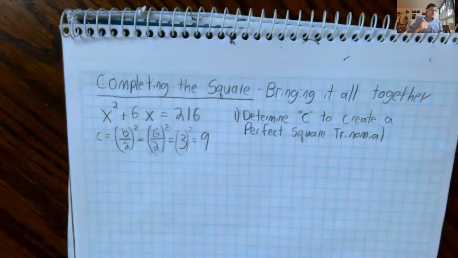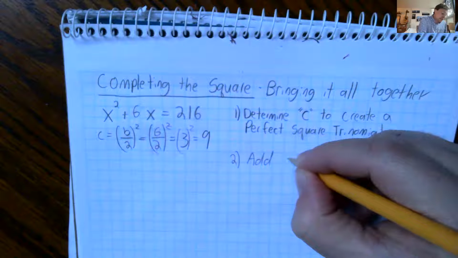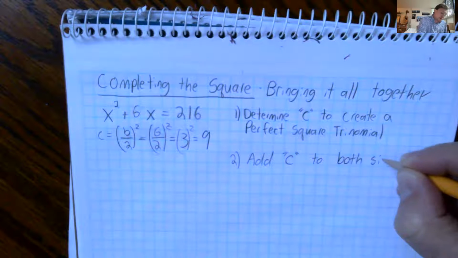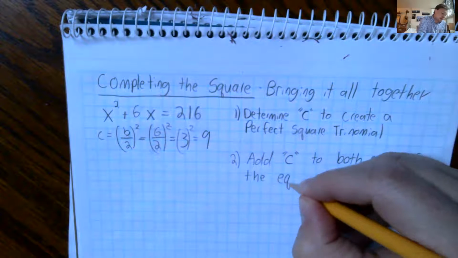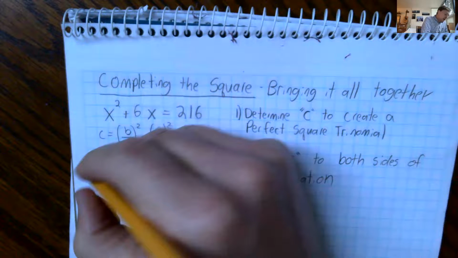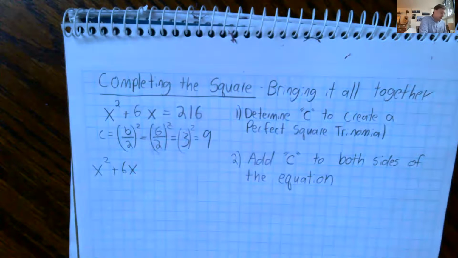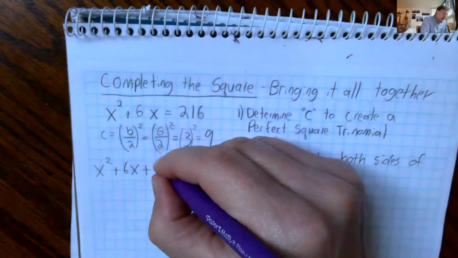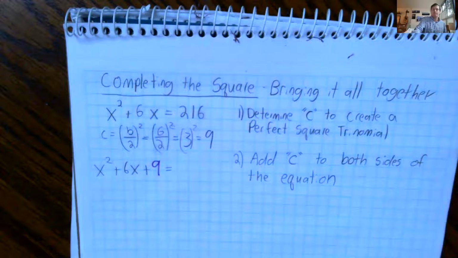So we've determined what C is. Our next step is we're going to add C to both sides of the equation. So I've got x squared plus 6x plus, here's where that C term comes into play, I'm going to add 9 so that the left side becomes a perfect square trinomial.